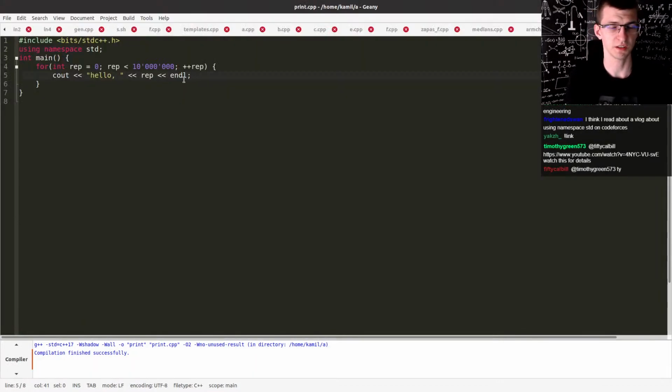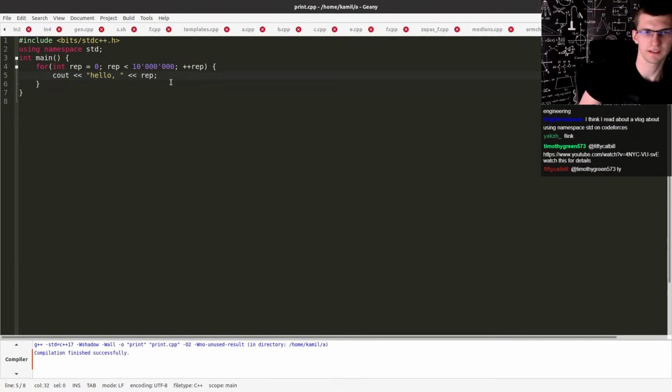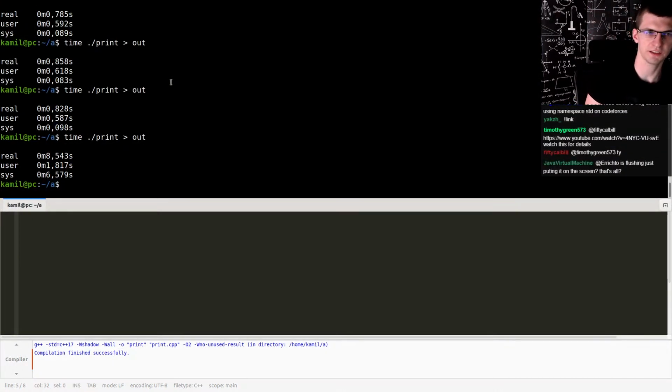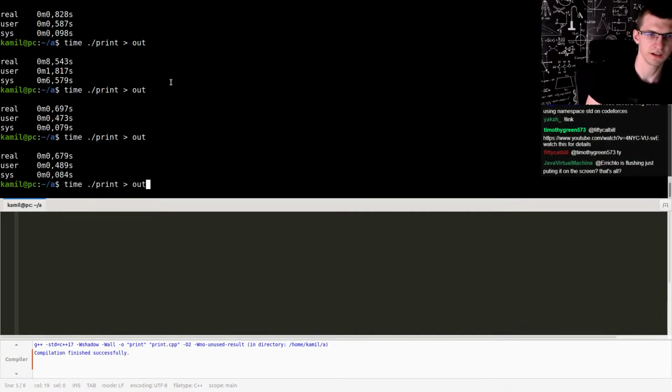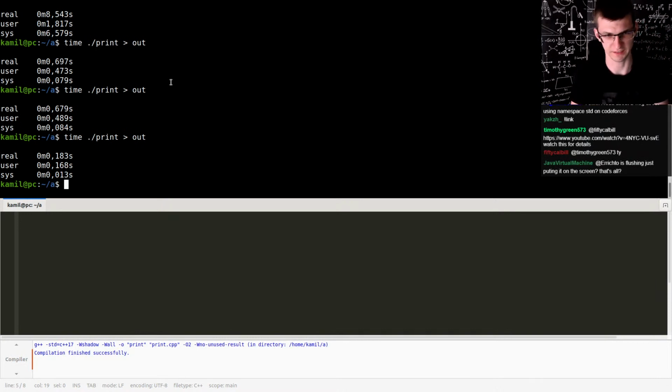Let's say 10 times slower. If we don't do this, I expect that it will not be significantly different than the first runs. Yeah, 700 milliseconds. If we have fewer tokens, like just one character, it should be faster because, well, it's a few times less to print.